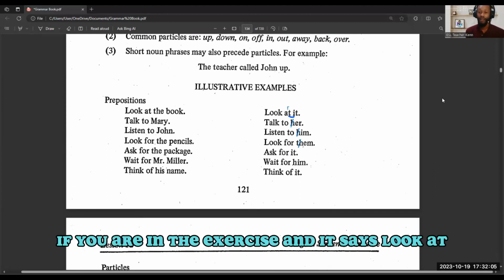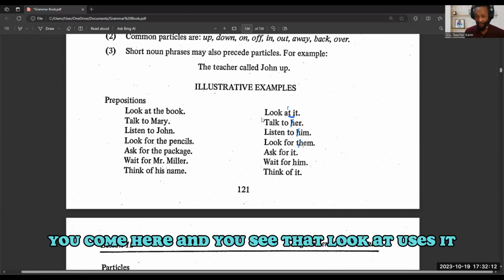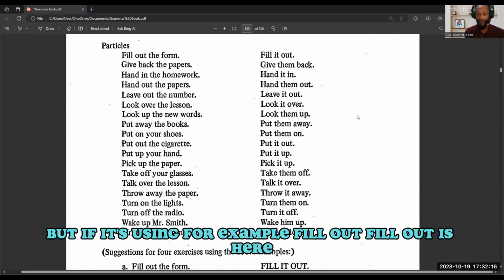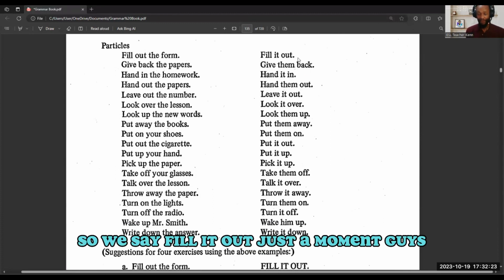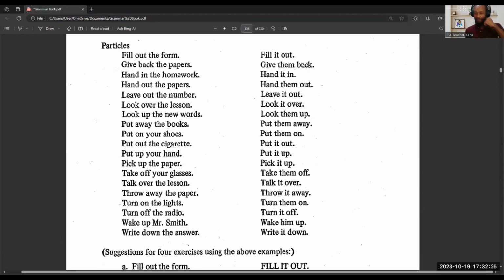If you are in the exercise and it says look at, you come here and you see that look at uses it. But if it's using, for example, fill out, it is here. So we say fill it out. Just a moment, guys.